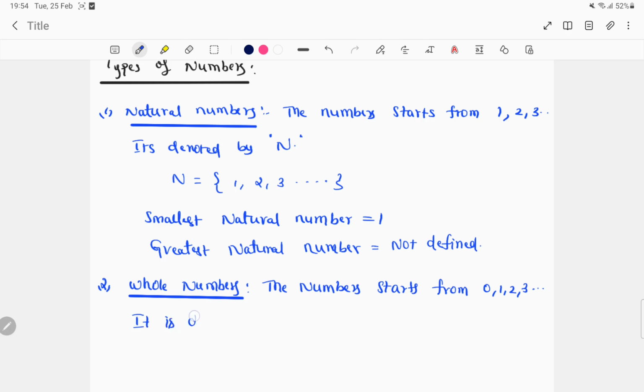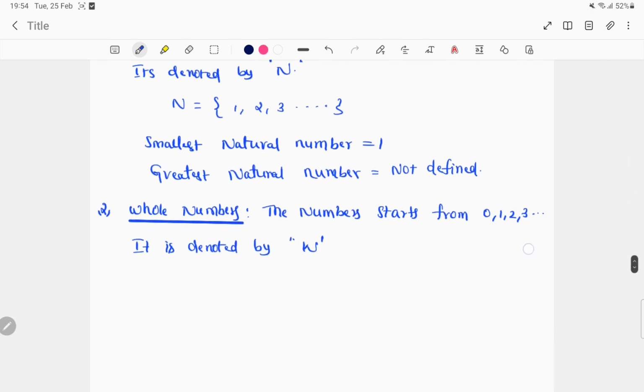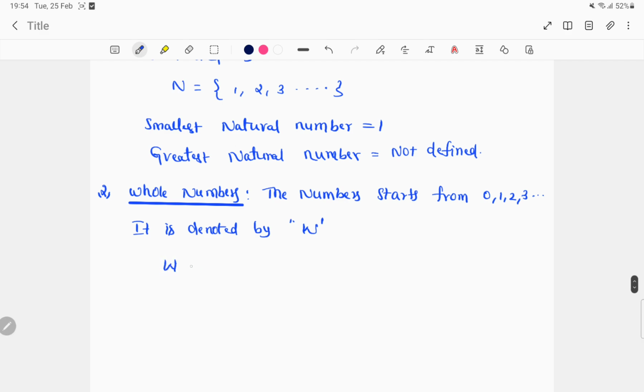It is denoted by capital W. So we can write capital W is equal to 0, 1, 2, 3 and so on.